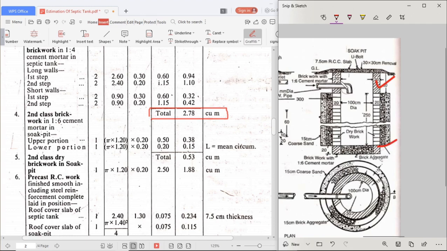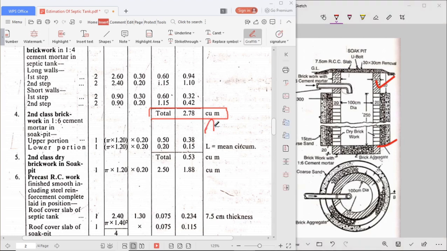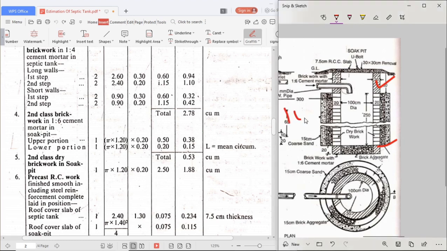So the upper brickwork, upper portion. As it is circular, what do we have to take? The center to center distance of the circumference, so the mean circumference we have to take. How do we calculate that mean circumference? This is 100 plus 20 on this side, 20 on this side, so 20 by 2 plus 20 by 2.